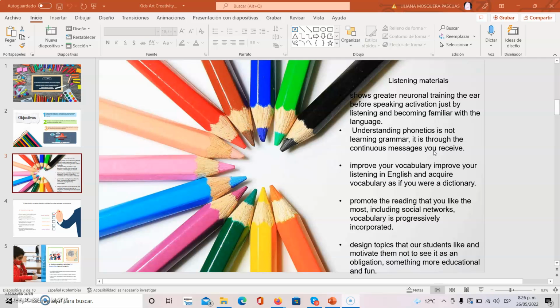It is through continuous listening that you revise, improve your vocabulary, improve your listening in English, and acquire vocabulary as if you were a dictionary. Choose the reading that you like the most, including social network vocabulary, and it is progressively incorporated.